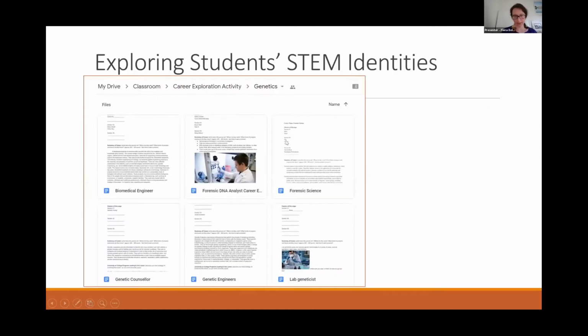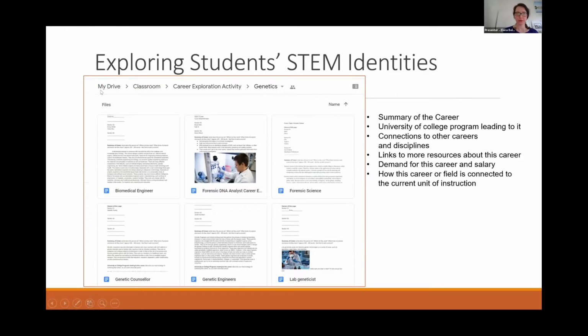And as I said, one more component in each of the units of the curriculum was exploring students' STEM identities. So here students were working on creating, this is a Google Drive folder, and for each unit they had a separate folder here, but then they merge them into one folder. So here they contributed as a group to each of the documents.